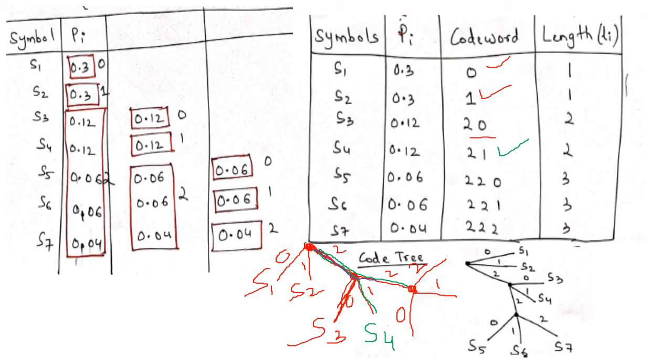So double 2 2, that is triple 2 will attain terminal state S7. Similarly 2 2 and 1 will attain terminal state S6, and 2 2 and 0 will attain terminal state S5.